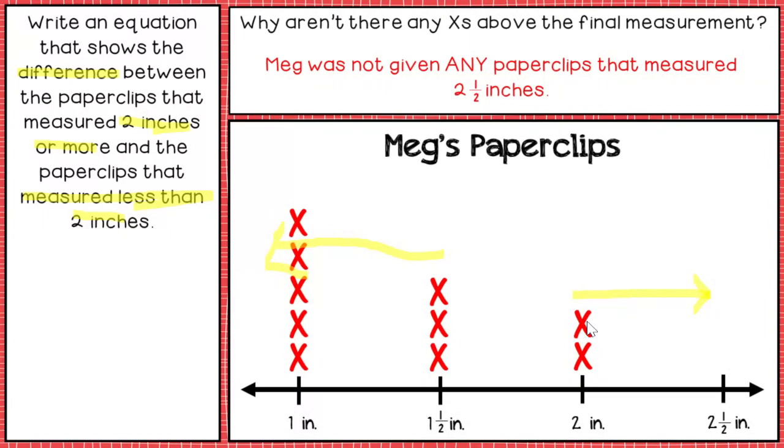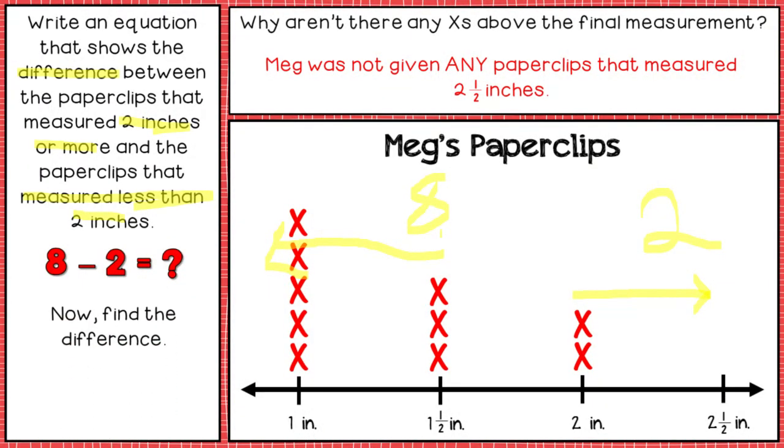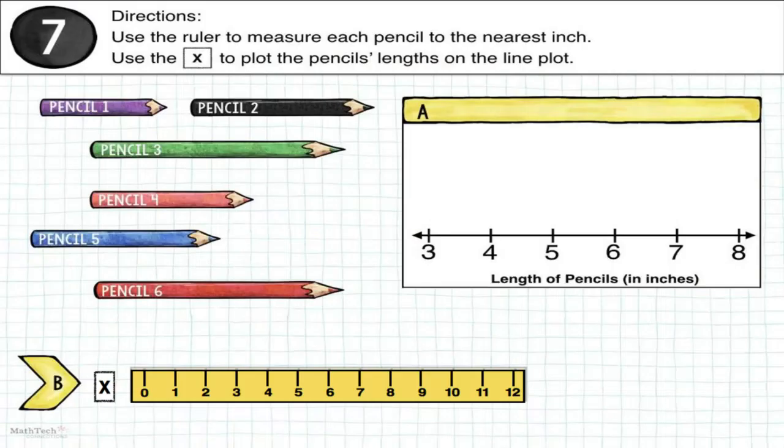So let's see. We've got 2 on this side. And we've got 1, 2, 3, 4, 5, 6, 7, 8. So now I know I've got 8 and 2. To find the difference, my number model would be 8 minus 2. And 8 minus 2 is, say it out loud. You're right, it is 6 paper clips.